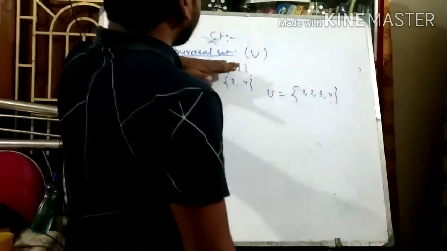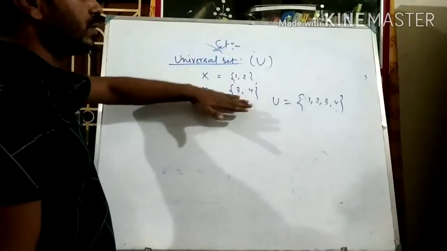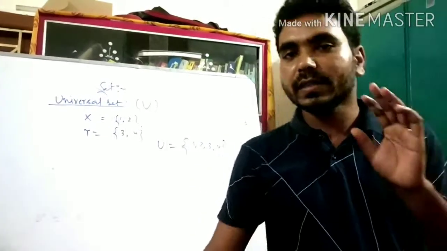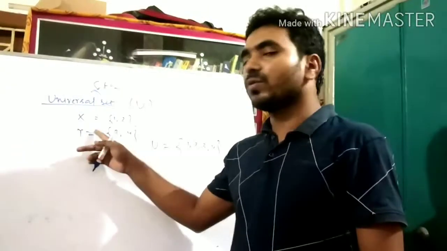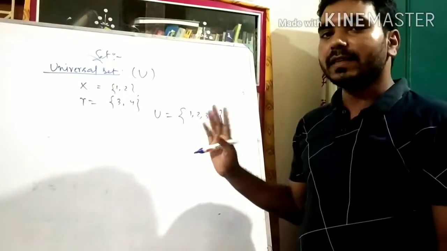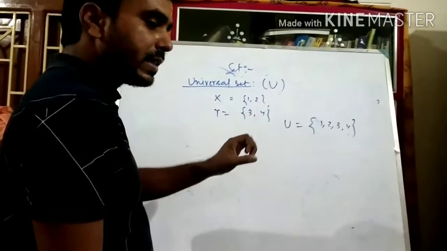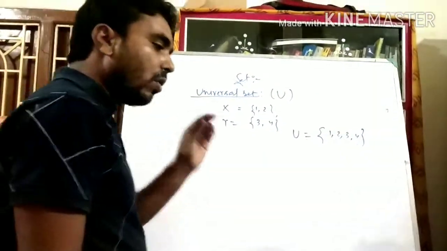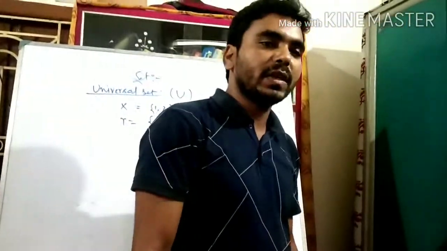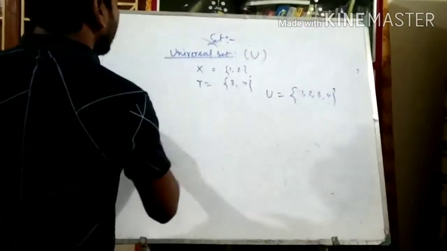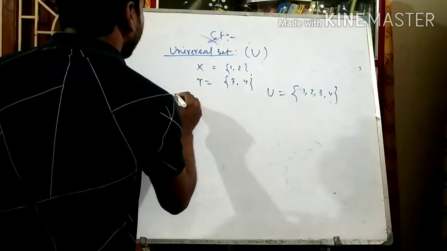So the definition of universal set is a set which contains all the sets relating to a particular problem. That set is called the universal set. Okay, now let us come to the algebraic operations on sets.